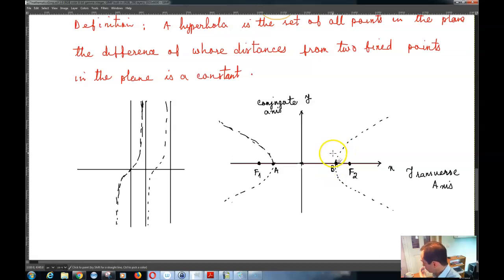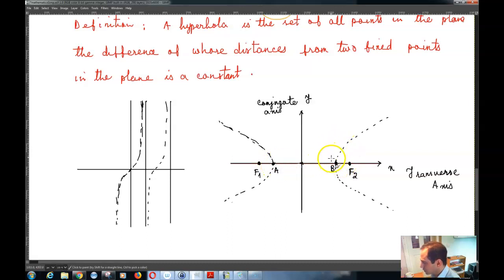And the coordinates of these points, we can define them over here. You see, the two vertices of a hyperbola are at a distance of 2a from one another, meaning that this distance over here is a. From the center to this point, this distance is a, and this distance is also a. That means that then this distance becomes 2a.